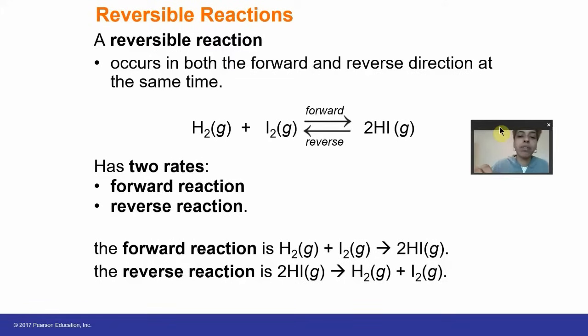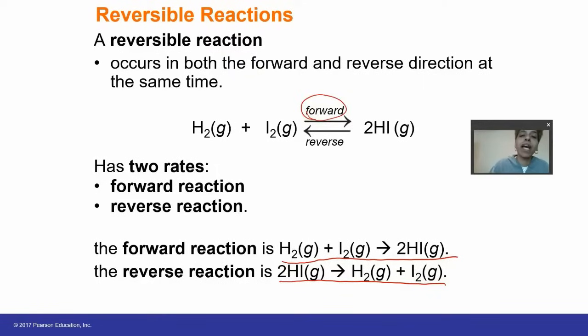So if we take a look at this reaction, we have a forward reaction in which we have hydrogen plus iodine gives us hydrogen iodide. And the reverse reaction is which we have hydrogen iodide giving us hydrogen and iodine gas. So there's two rates.